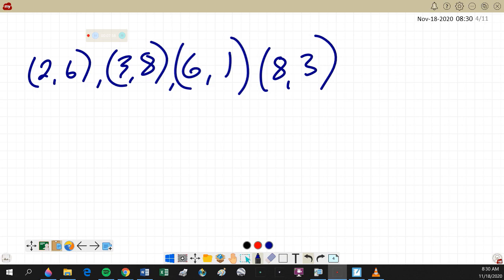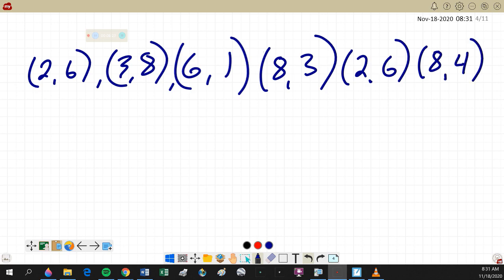Okay, what if I did this? Is it still a function? Careful. All I did was listed 2, 6 twice. So we look for the rule, is any person claiming to live in two cities at the same time? No. But if I went like this, now person 8 claims to live in city 3 and city 4.